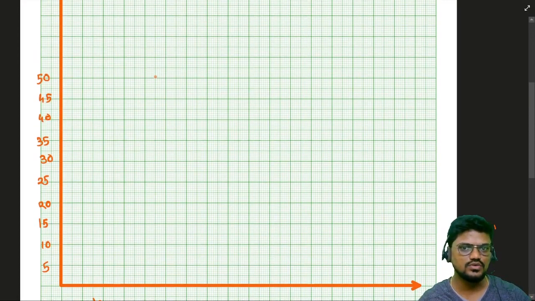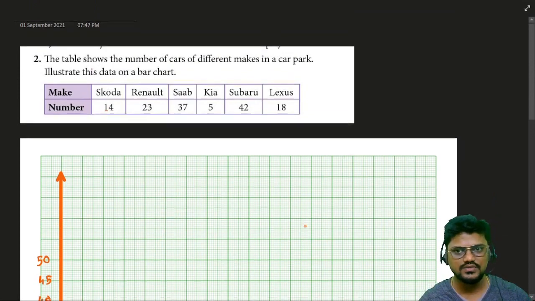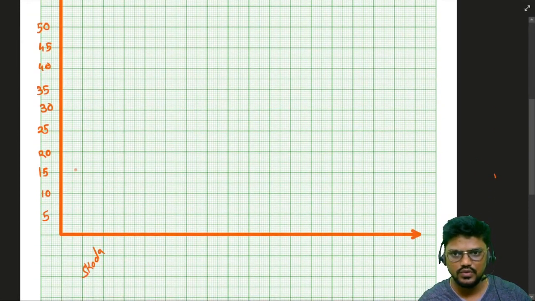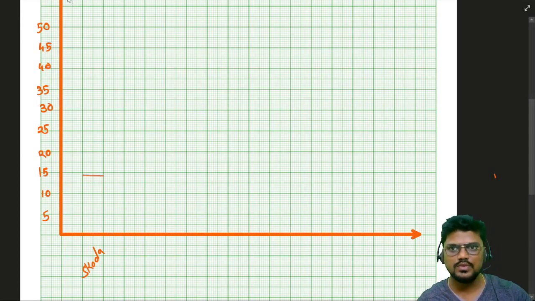That is sufficient to write this data. Now 14 cars were of Skoda, so 14 will come just below it, and we can draw the bar. Fine, this was for Skoda.